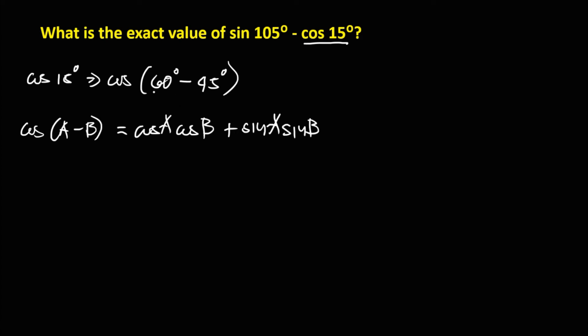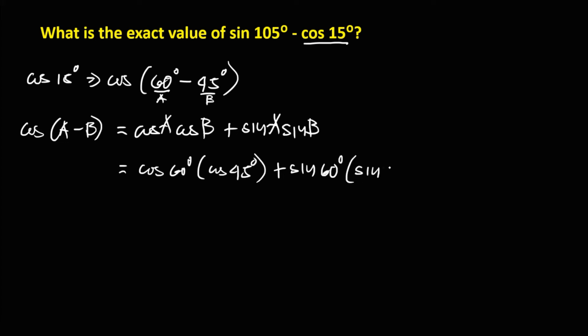Then from the given, this is a, this one is b, so substitute now the values. So we have cosine a, which is 60 degrees, times cosine b, so cosine 45 degrees, then plus sine a, so sine 60 degrees, times sine 45 degrees.